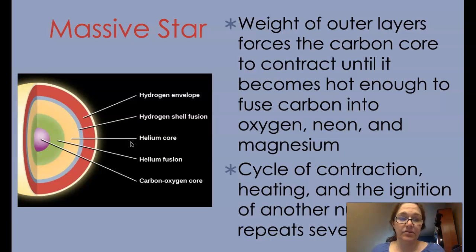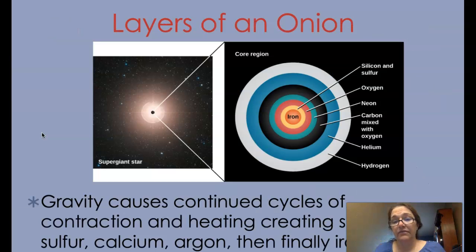For a massive star, the weight of the outer layers causes this carbon-oxygen core from last time to continue to heat up, and it becomes hot enough to fuse that carbon into oxygen, neon, and magnesium, and then this continues, and the oxygen, neon, and magnesium heat up and fuse into silicon, sulfur, calcium, argon.